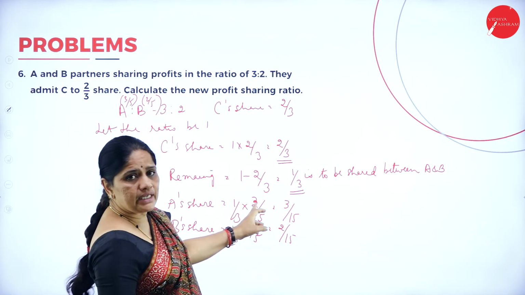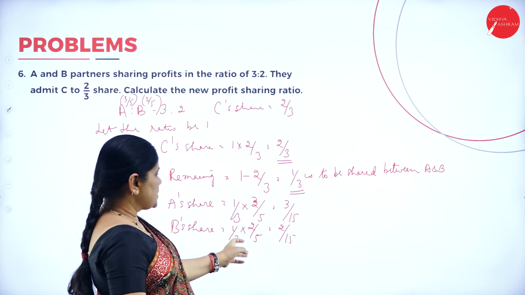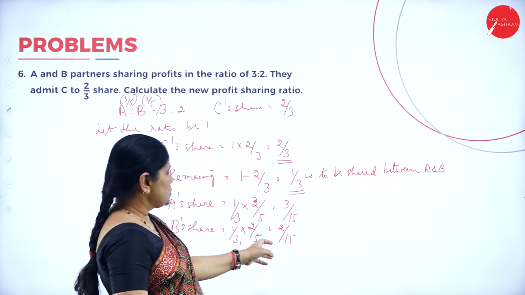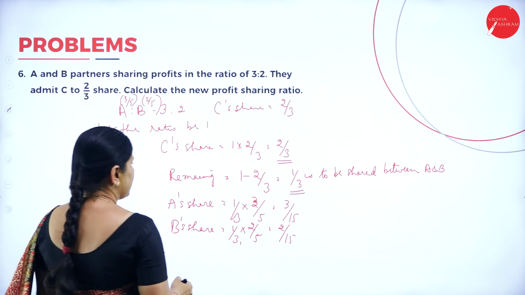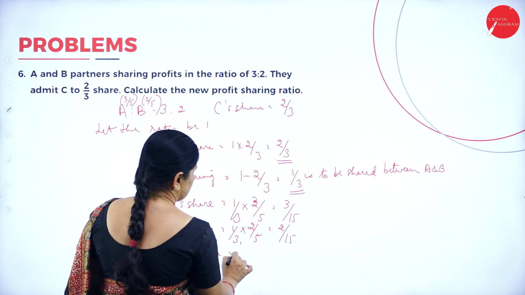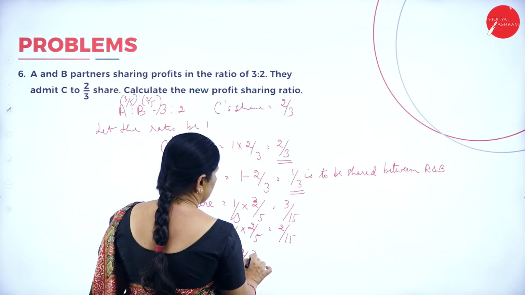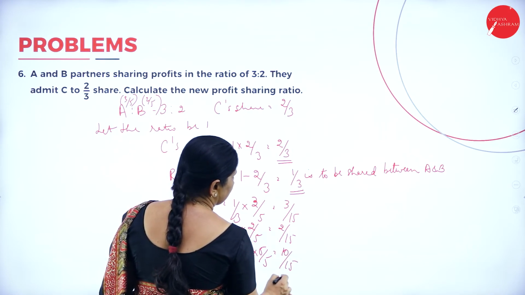So, 1/3 into 3/5 will be 3/15. B's share will be 1/3 into 2/5, that is 2/15. Now, C's share will be 2/3 into 5/5, that is 10/15.